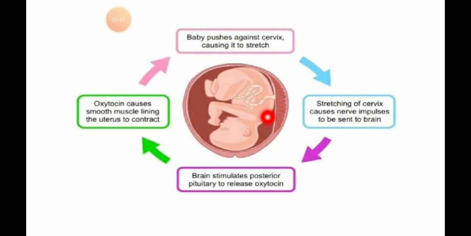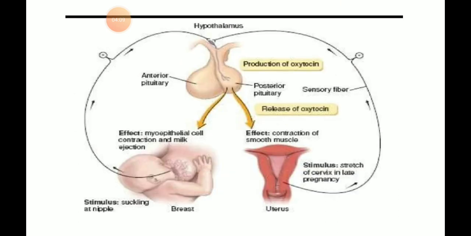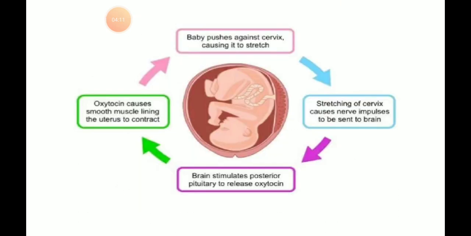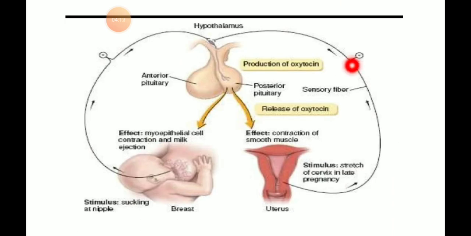But when you are giving exogenous oxytocin, or oxytocin from outside the body, you will see that in a small dose the upper uterine segment, consisting of the fundus and body, is contracted.